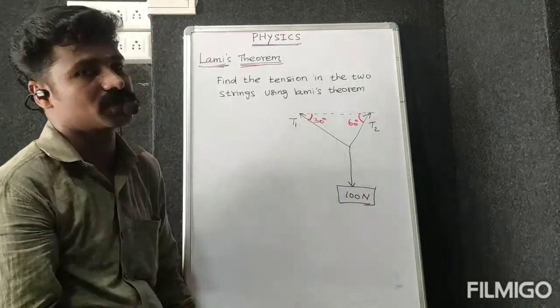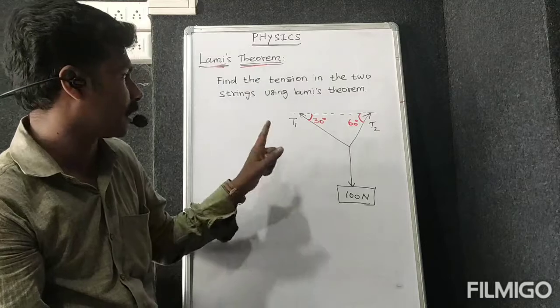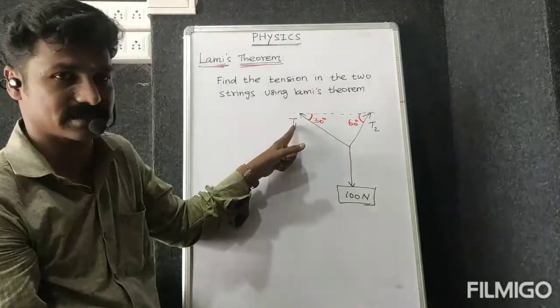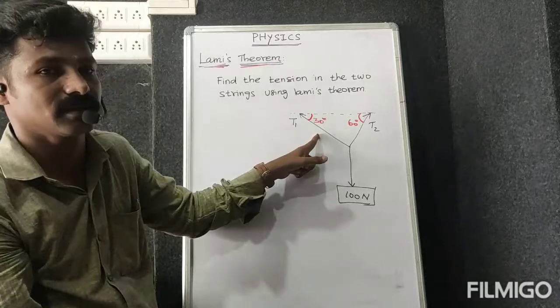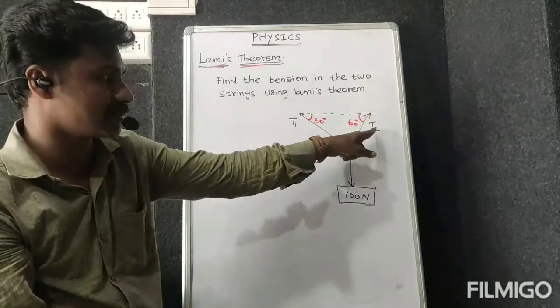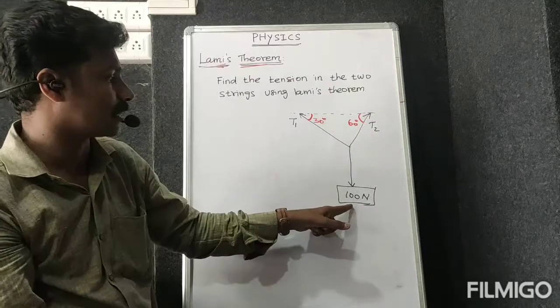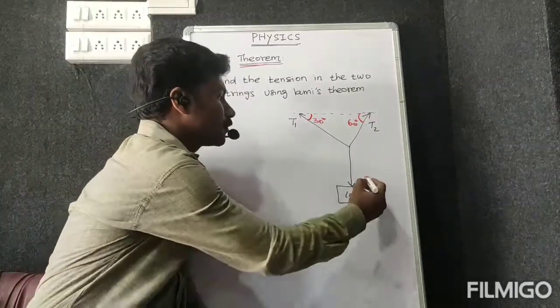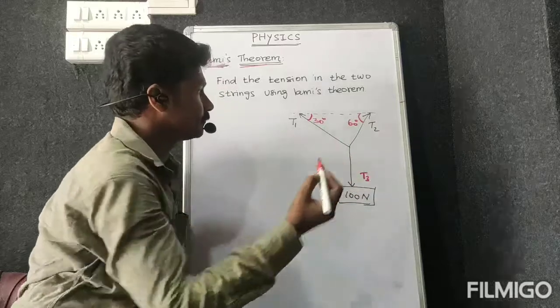Actually it is given in the question. One diagram is given, T1 force is mentioned. T1 is the tensional force produced in the string, T2 is the tensional force produced in this side string, then 100 Newton force is acting in the downward direction. So this is T3.